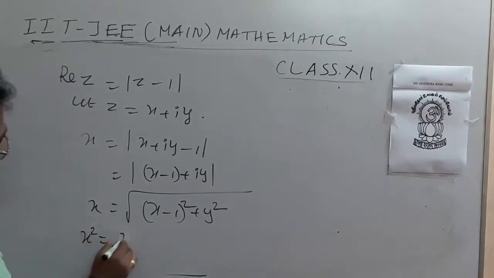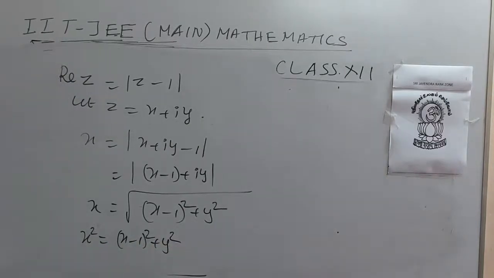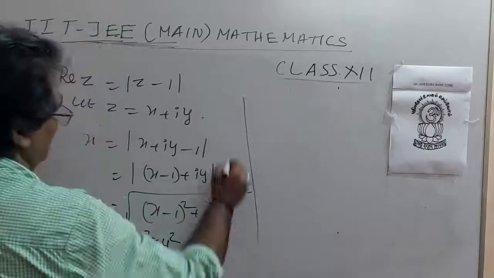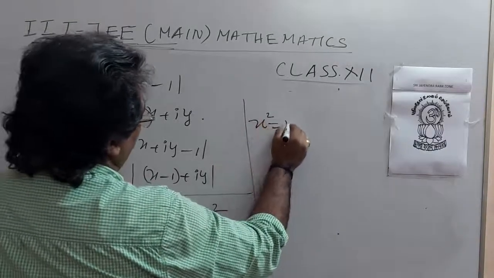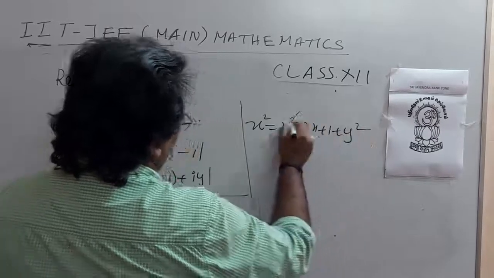So x squared equal to x minus 1 whole square plus y squared. x squared equal to x squared minus 2x plus 1 plus y squared.